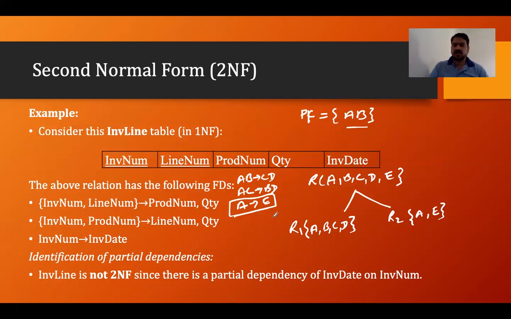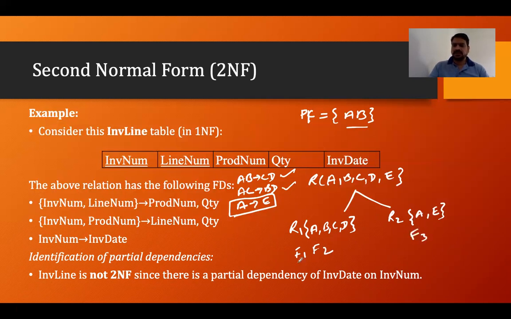As I told you in the last class, up to the second normal form, the functional dependency is preserved. So here if you see, R1 preserves functional dependency 1, this one, as well as functional dependency 2, this one, and R2 preserves functional dependency 3.